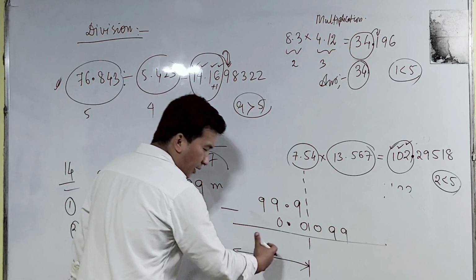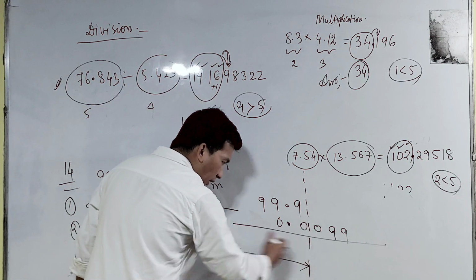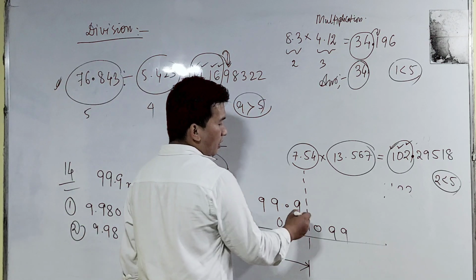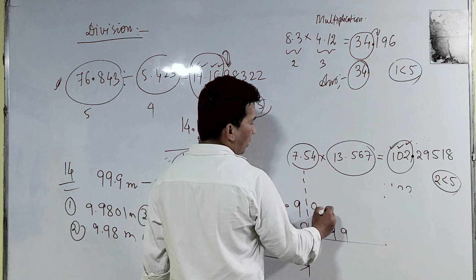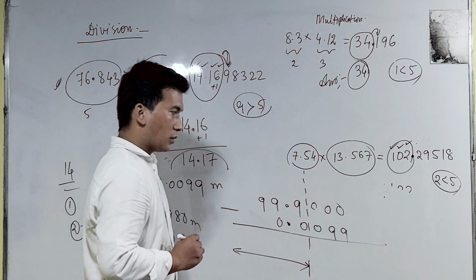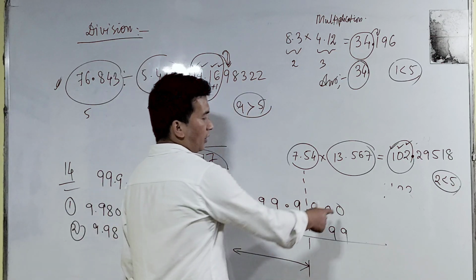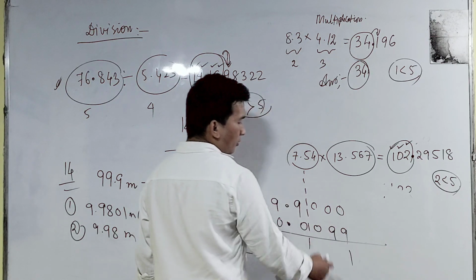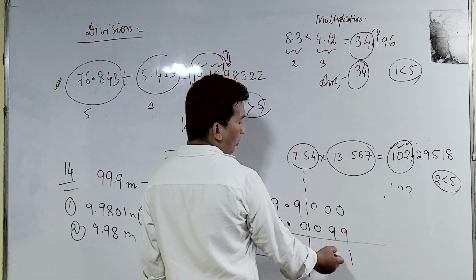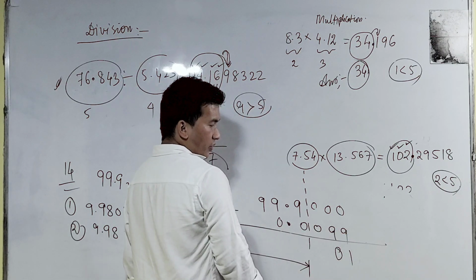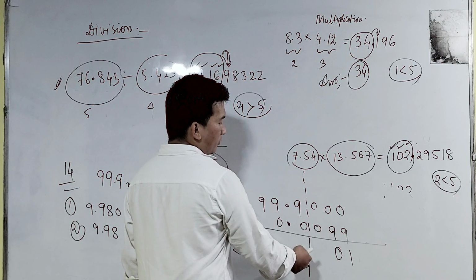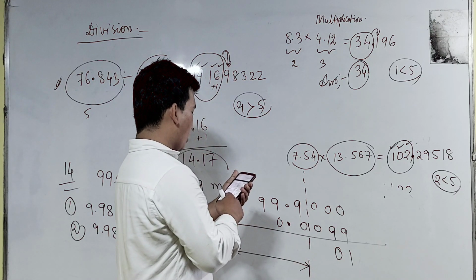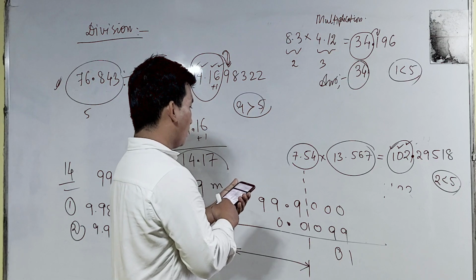Any digit or number that comes to the left of this imaginary line will be our answer. For our calculation, the remaining digits will be put as 0, 0. From 10, if you subtract 9, it will be 1. Carry 1, total, this is 0.